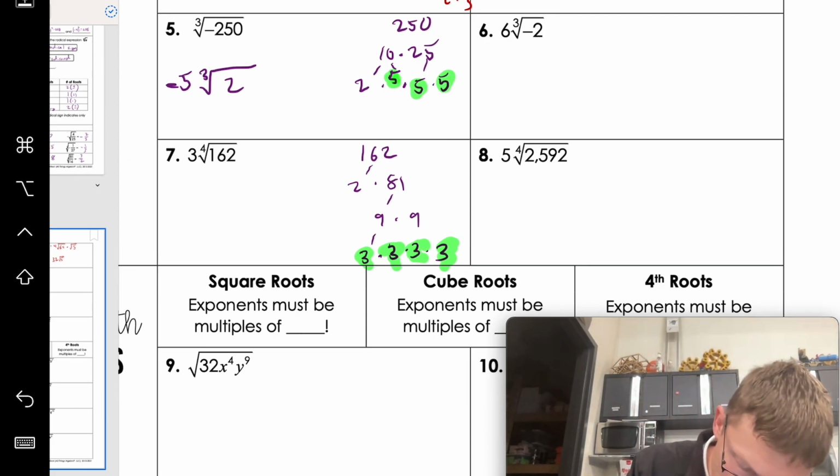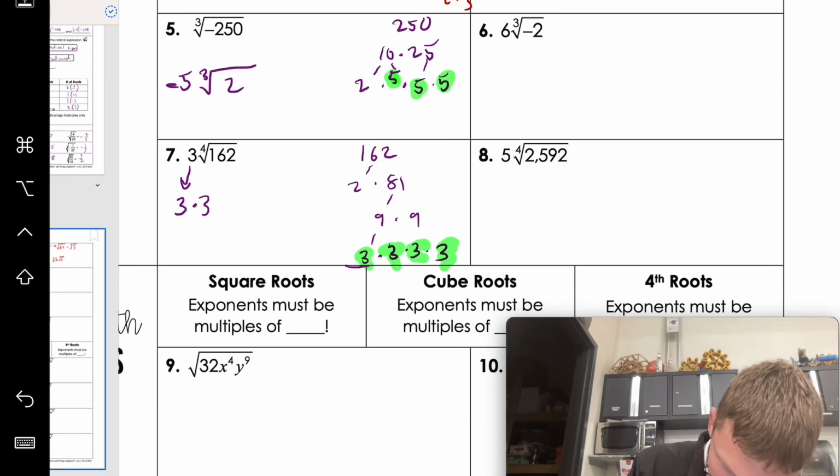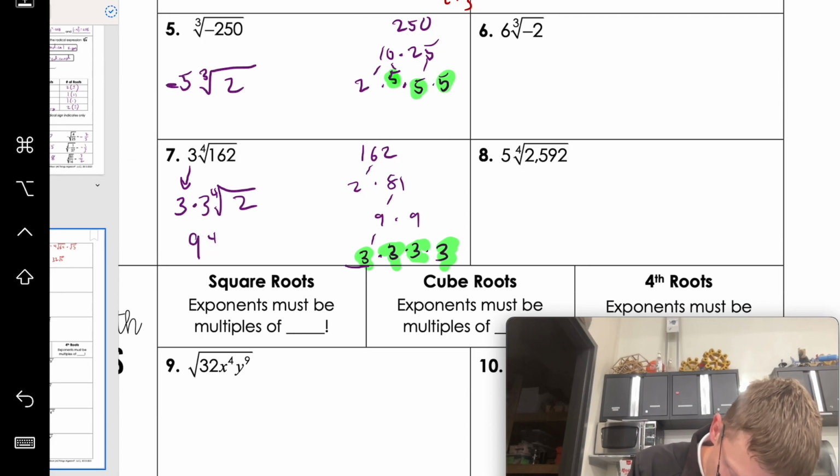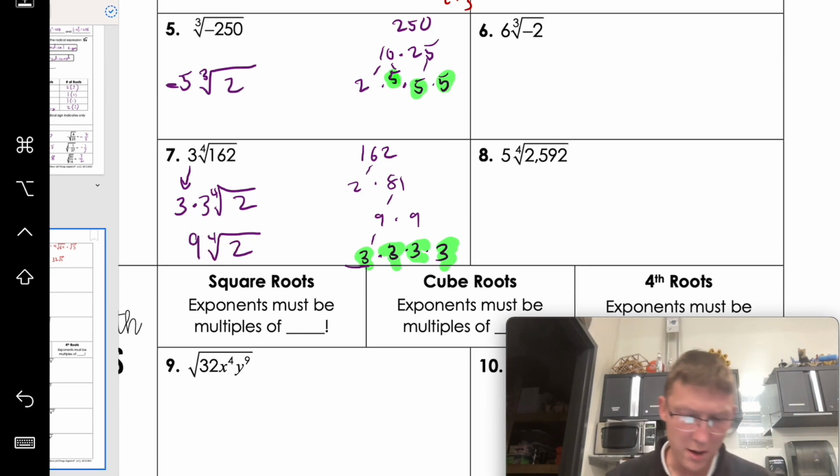So the 3 comes out, and then it's the fourth root, and what do we have left over? 2. So then our final answer is going to be 3 fourth root of 2.